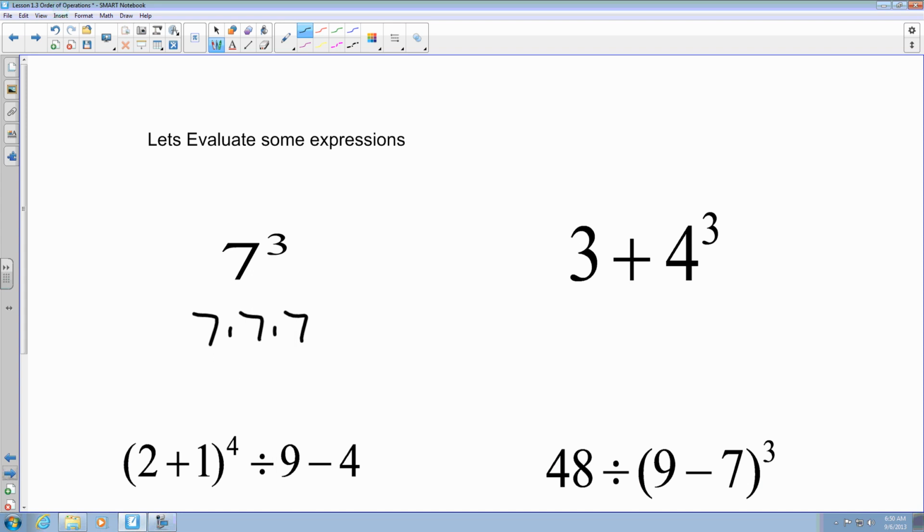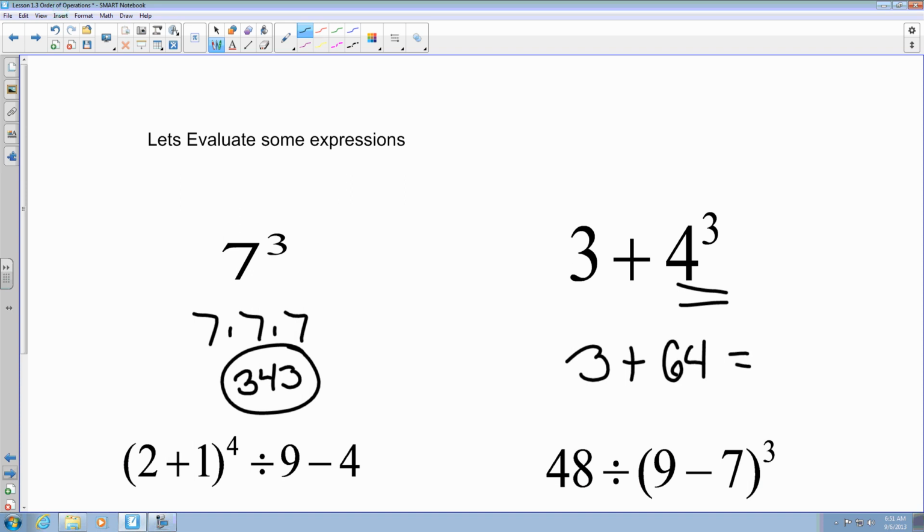Multiply those together, I get 343. For the next example, I have 3 plus 4 to the third power. So no brackets, but I do have an exponent, so I must solve 4 to the third power before I add them. So I'm going to say 3 plus, and 4 to the third power ends up being 64, and that equals 67.